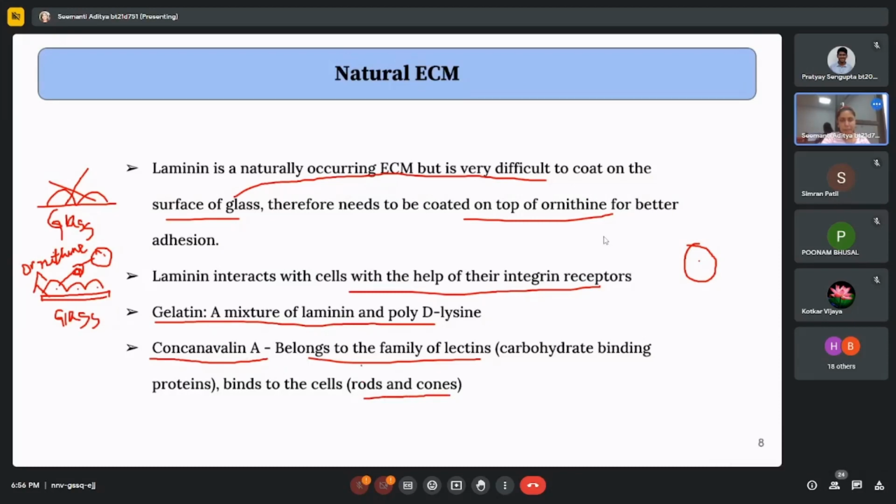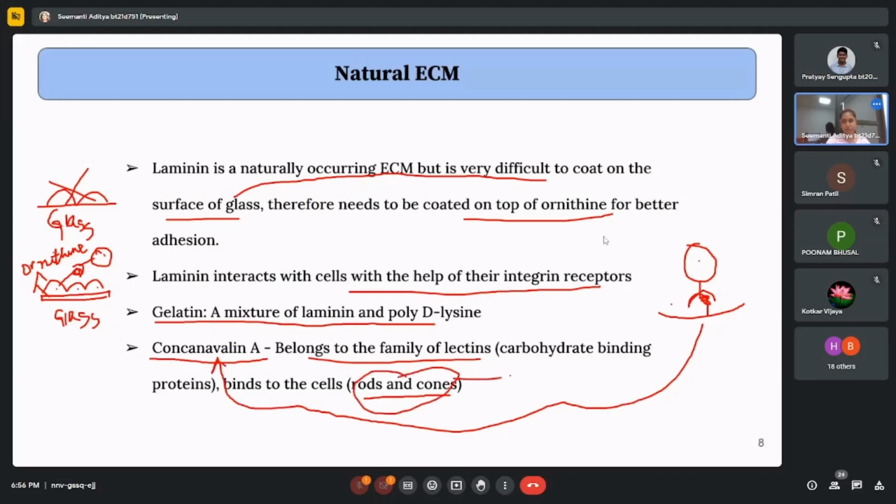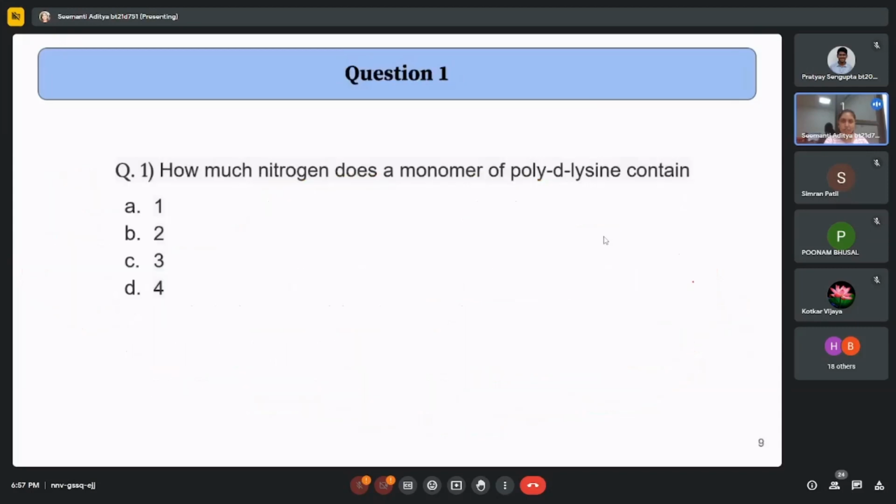So depending upon the cell type, concanavalin A, which is a carbohydrate binding protein present on this ECM, will bind to this kind of cells. So this allows the attachment of rods and cones. So yes, this is all about natural ECM.